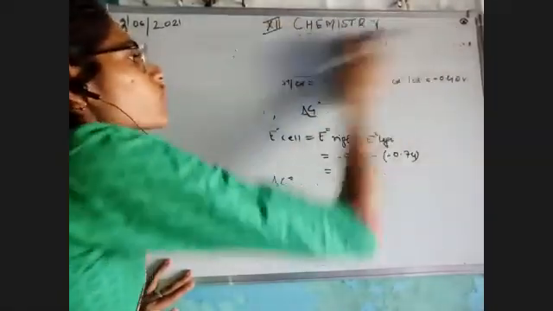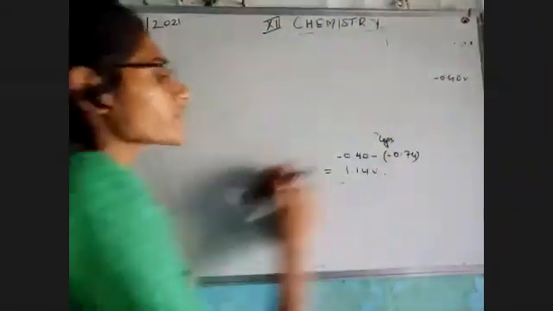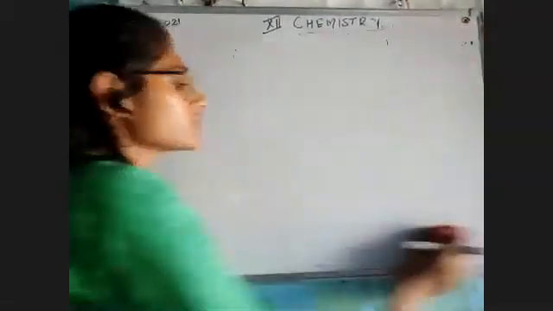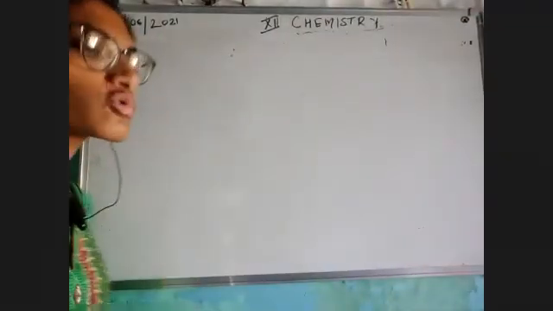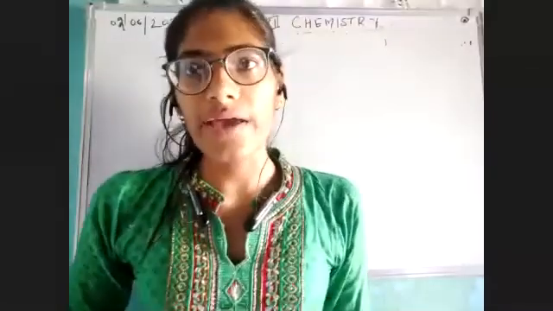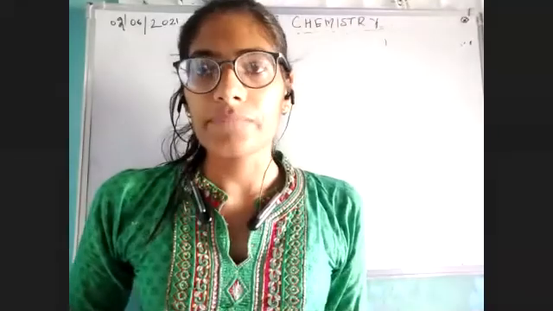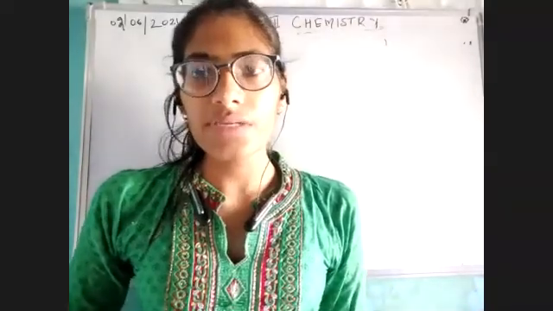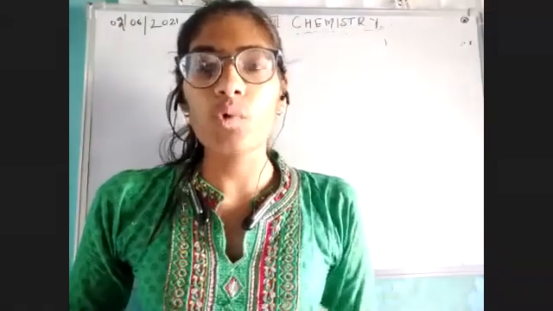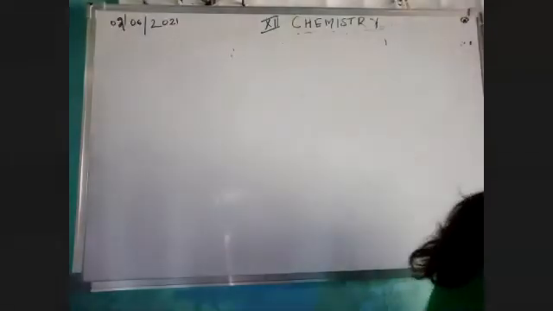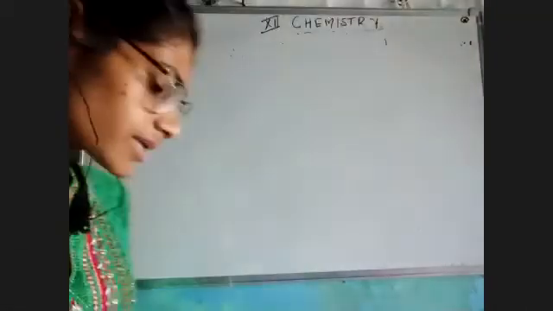So first of all, for calculating the molar conductivity, lambda m equals kappa into 1000 divided by concentration. If we have all these values, then we can calculate our lambda m. Let's check out the question.